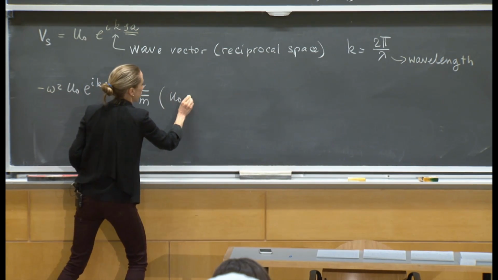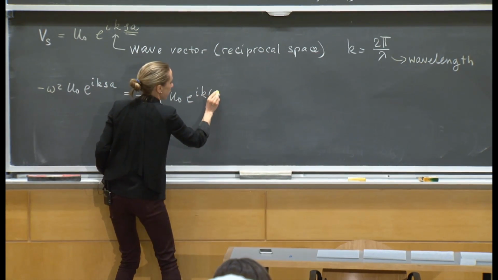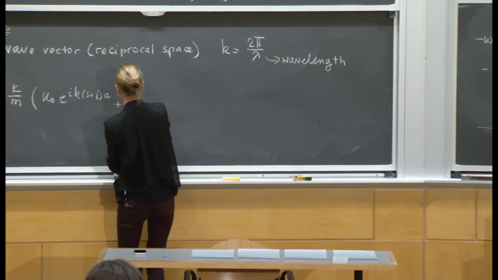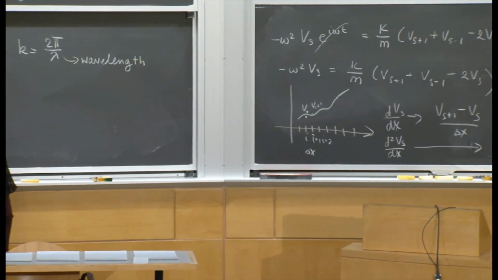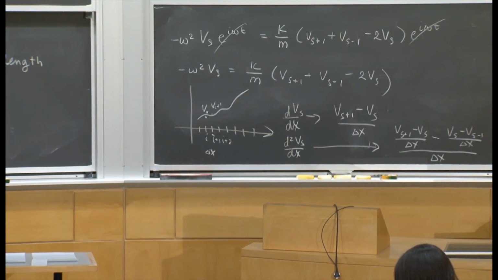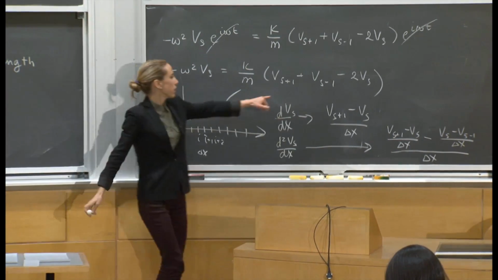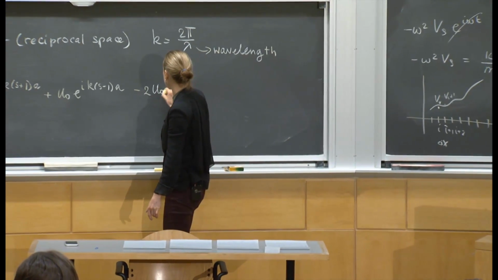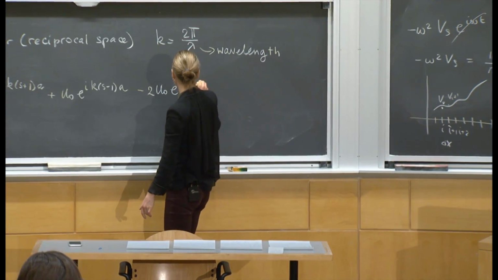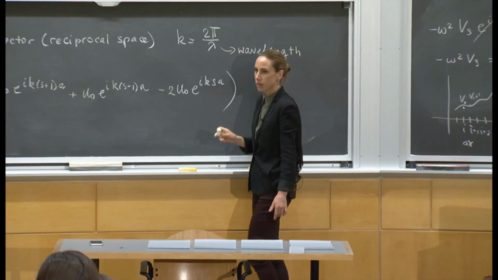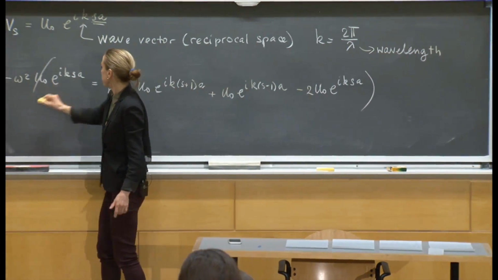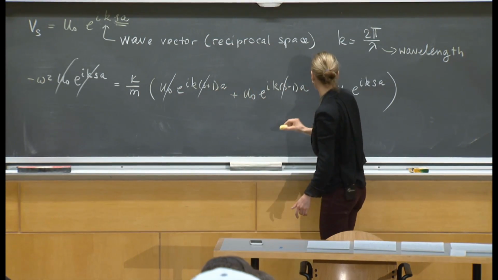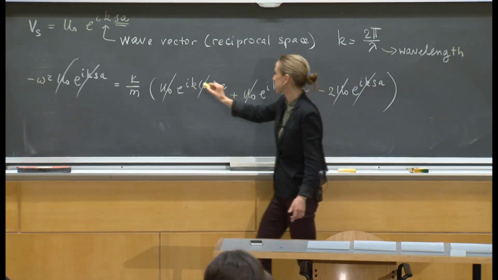So we have u naught e to the i k (s plus 1) a plus u naught e to the i k (s minus 1) a. This is this term here, and minus 2 u naught e to the i k s a. We can get rid of this, get rid of this, all of this.